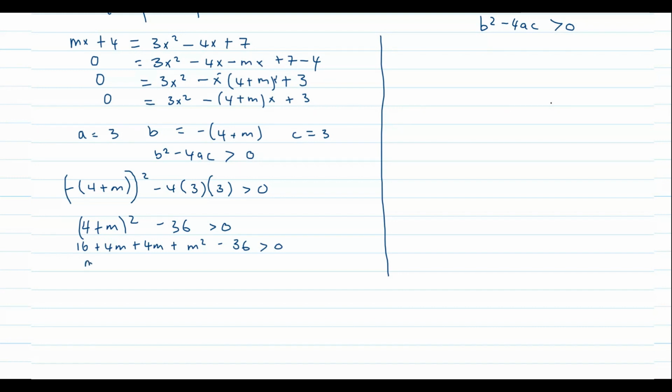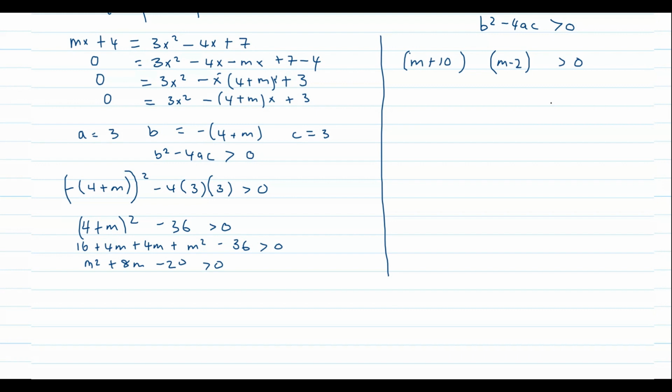We're going to have m squared plus 8m minus 20, and this should be greater than 0. Now let's factorize this. I'm going to have m plus 10 in this bracket and m minus 2 in this bracket, greater than 0.